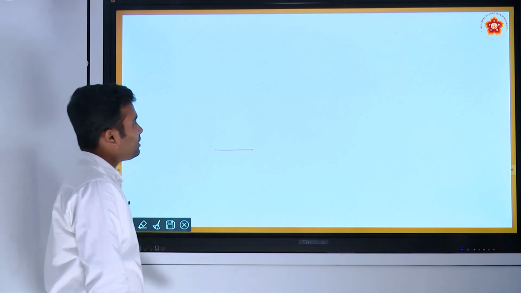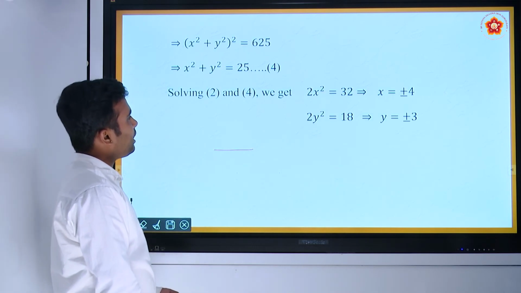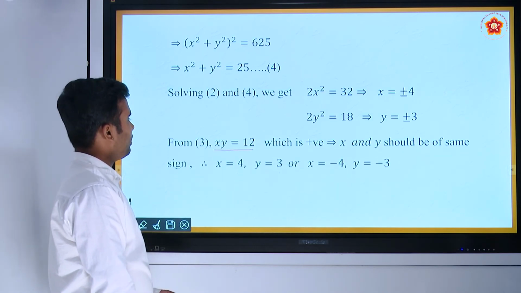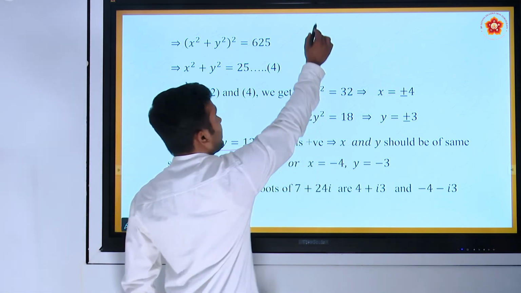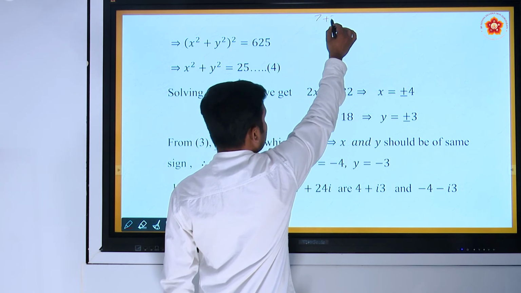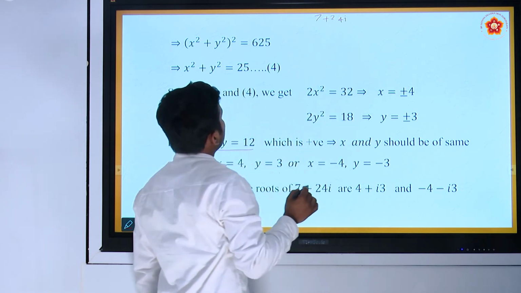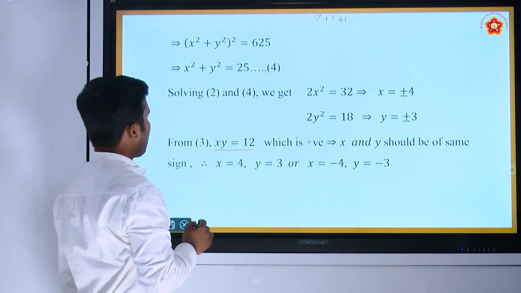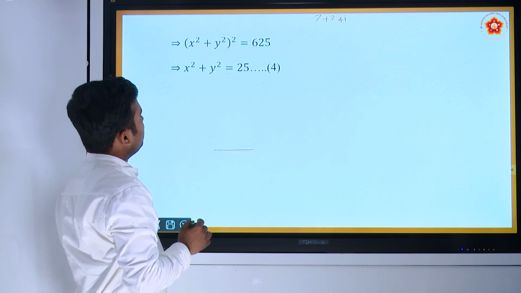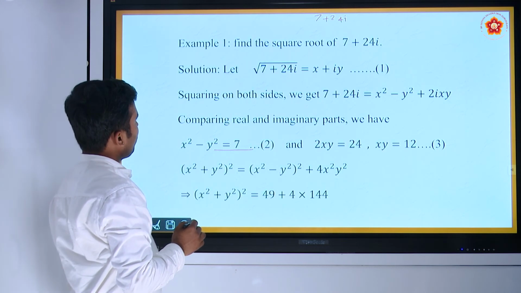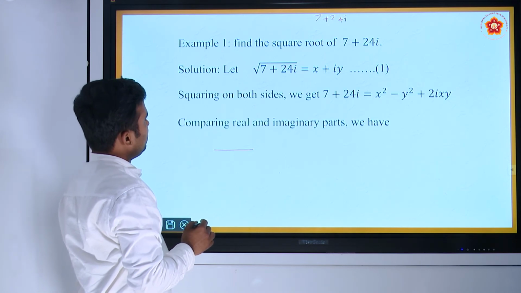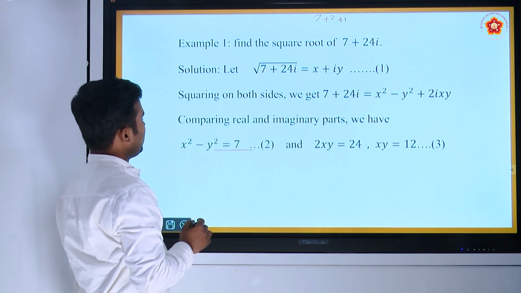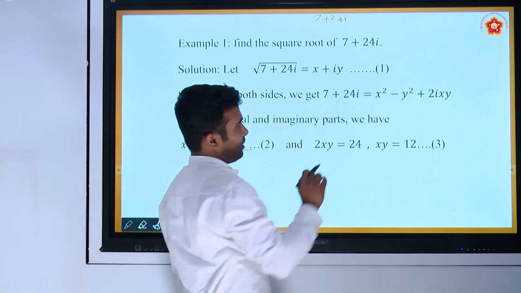See, we can solve this in another way also. The given complex number is 7 plus 24i. Equation 2 is x square minus y square is equal to 7, okay?